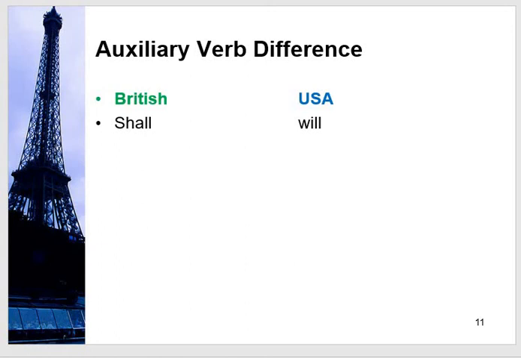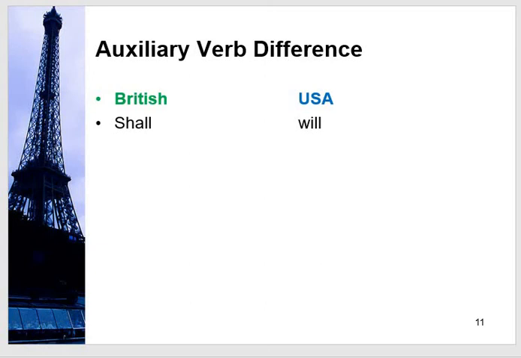While Americans have simplified, because a person has to memorize that, use shall with I and we, and with the remaining use will. If you want to emphasize, then change this usage, and the person is confused whether the writer is trying to emphasize or the writer has written wrongly.